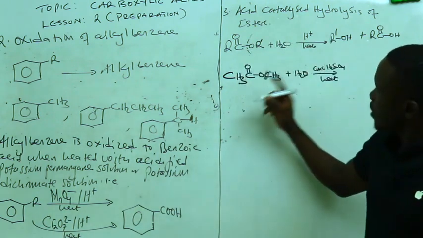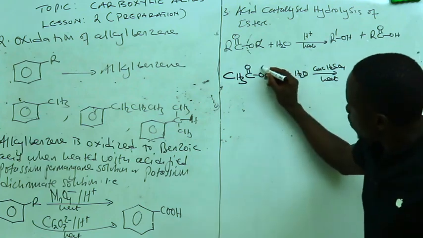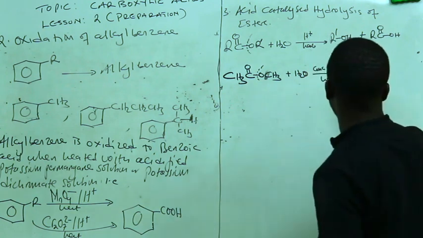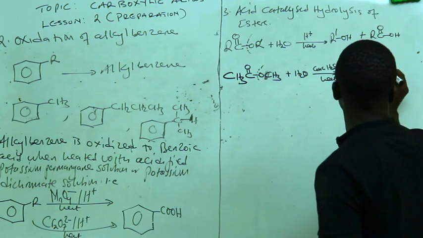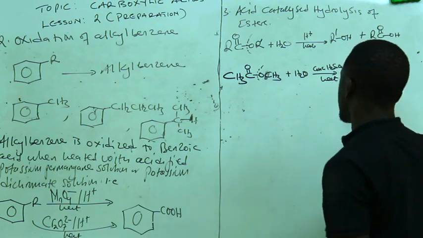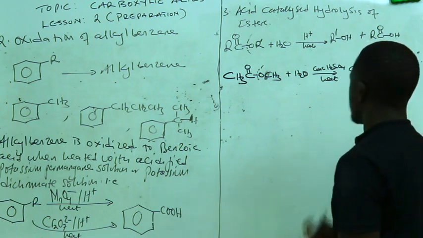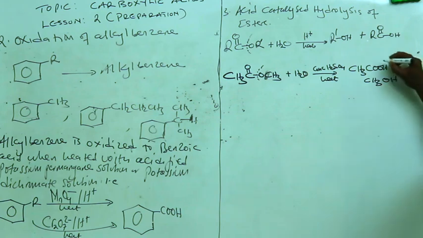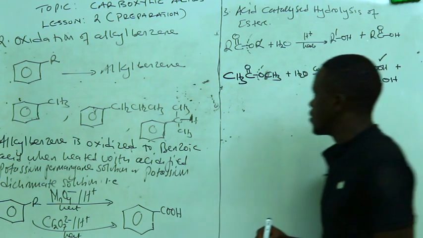This ester will be hydrolyzed and broken at this point, such that we have a carboxylic acid called ethanoic acid and another compound, an alcohol, methanol. But the important thing here is seeing how we can prepare the carboxylic acids.